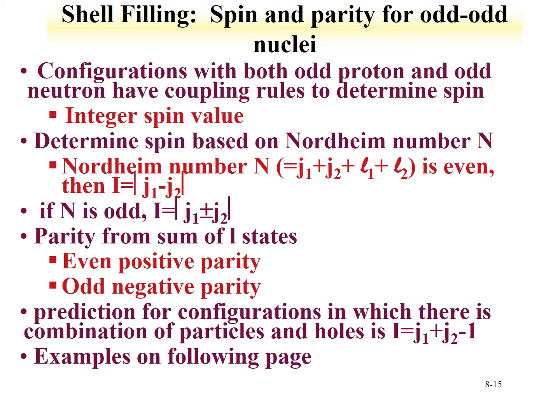If the Nordheim number is odd, we have two possible values, either the absolute value of the sum or the absolute value of the difference of the spins of the two states occupied by the unpaired nucleons. The parity is from the sum of the angular momentum states, the L states. If that sum is even, it's positive parity, and if it's odd, it's negative parity. We'll go over some examples to show how the Nordheim number works.